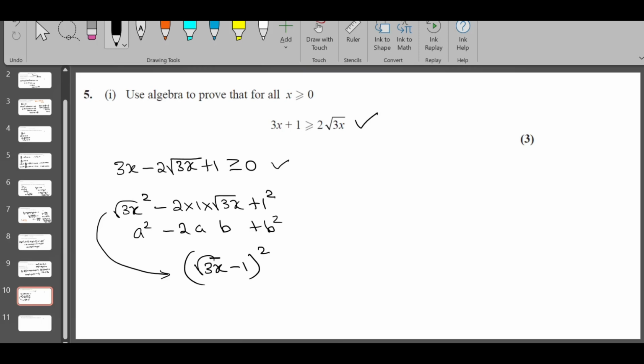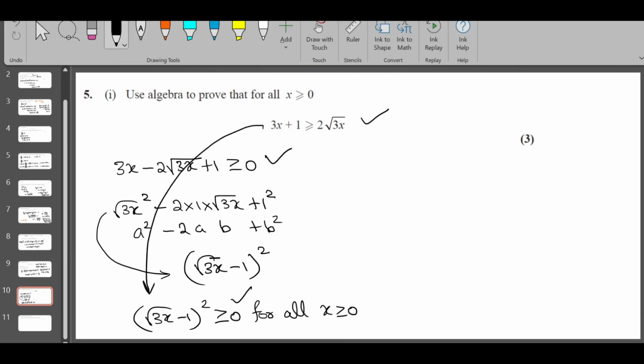A square of some number will always be positive. So I need to write square of this is greater than or equal to 0 for all x greater than or equal to 0, right? If this is true, automatically this is also true, because we derive this equation from here, right?